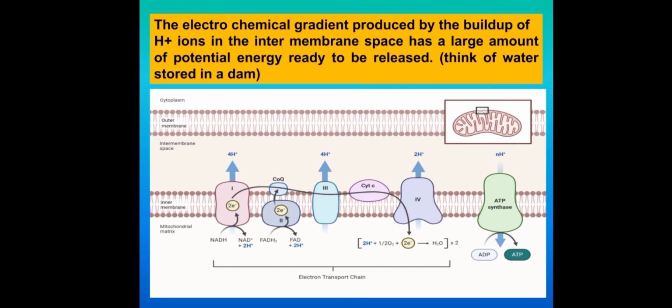The electrochemical gradient produced by the buildup of hydrogen ions in the intermembrane space has a large amount of potential energy ready to be released. You can think of water stored in a dam which has high potential energy.